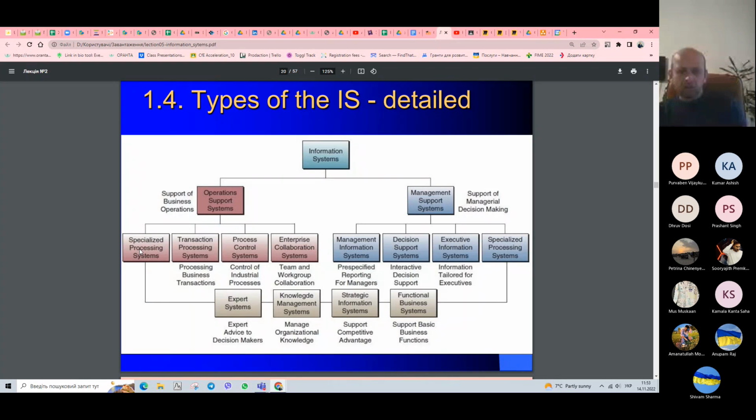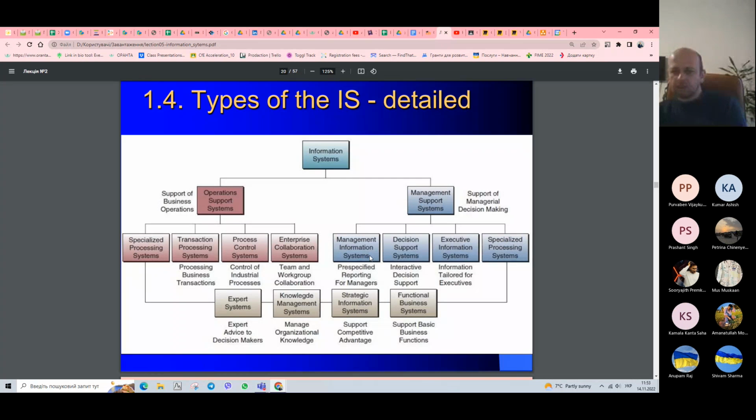Operation support systems include specialized processing systems, transaction processing systems, process control systems, enterprise collaboration systems, expert systems, knowledge management systems, strategic information systems, and functional-based systems. Management systems include management information, decision support, executive information systems, and specialized processing systems.